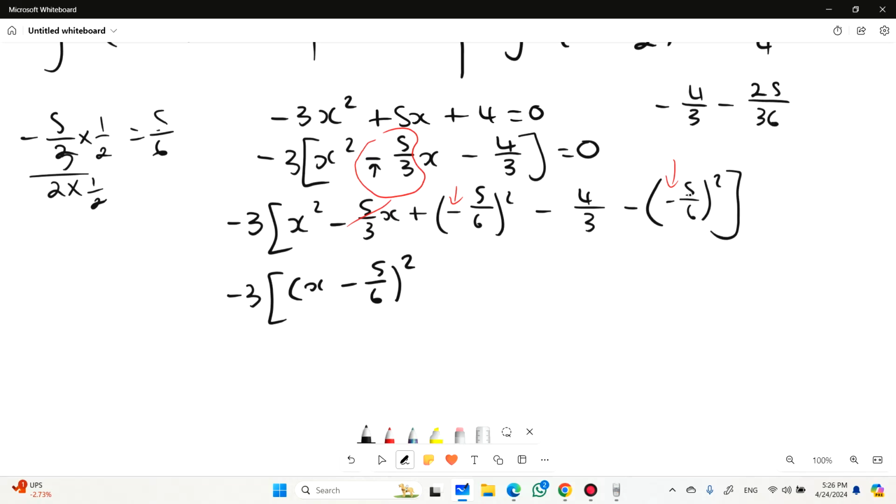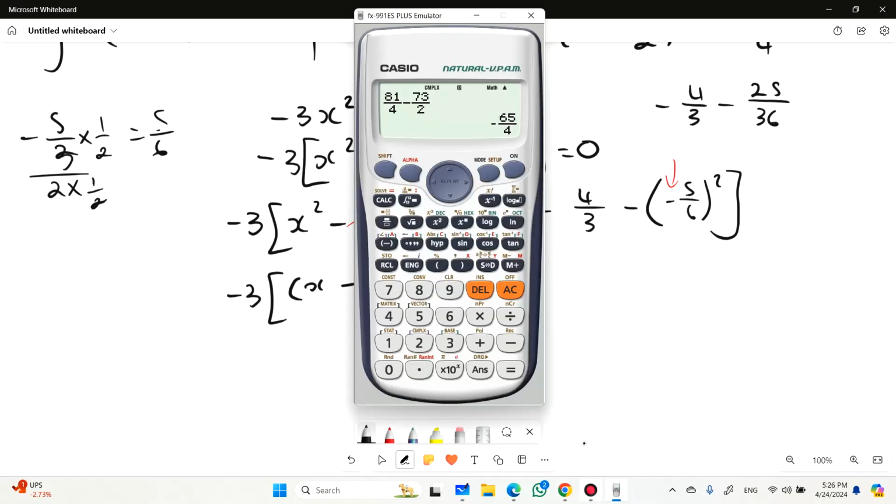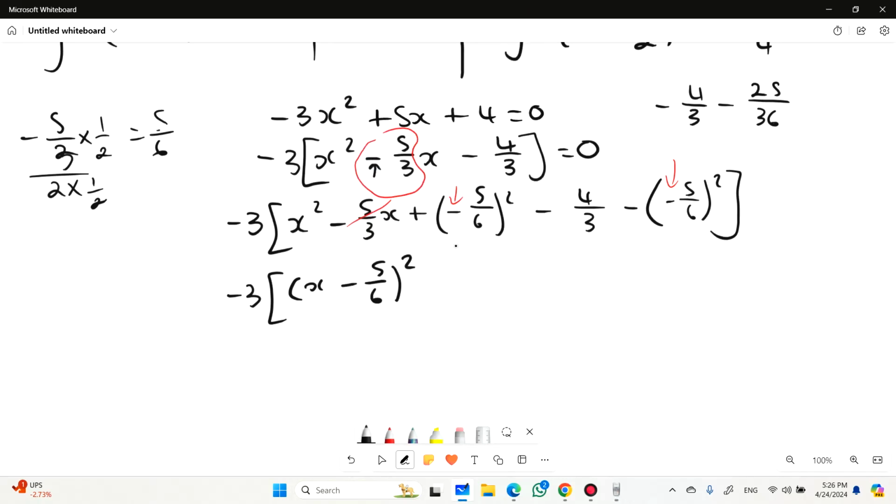So you have negative 4 over 3, and then minus 25 over 36, so we get negative 73 over 36. So that is my answer there in that question.